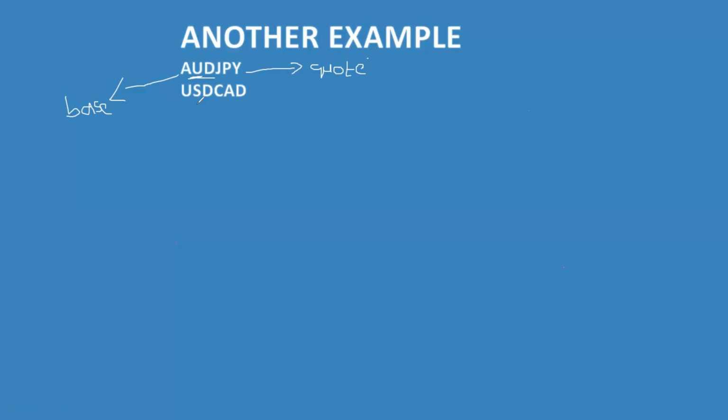So for AUD JPY, the base currency is the AUD and the quote currency is the JPY. The same thing is applicable to USD CAD. The base currency here is the USD, while the quote currency is the CAD, Canadian dollar. All right, so that's how to do it.